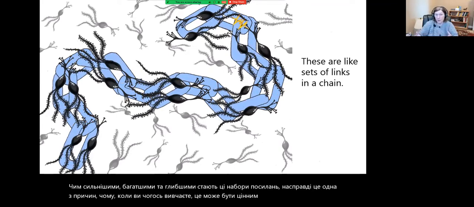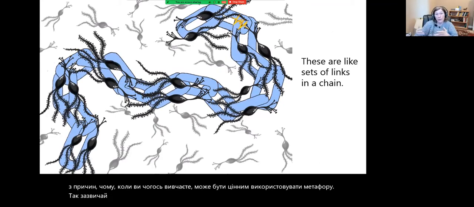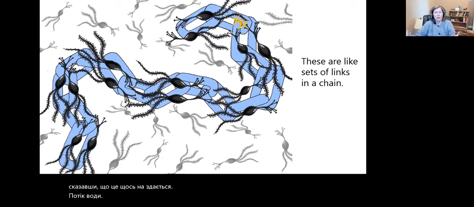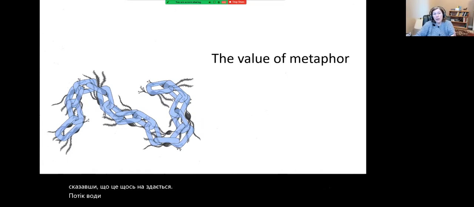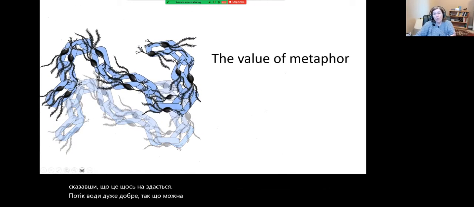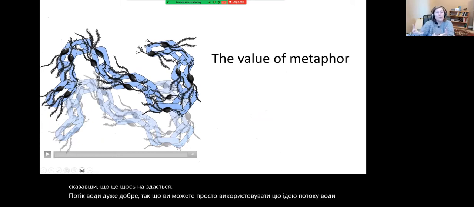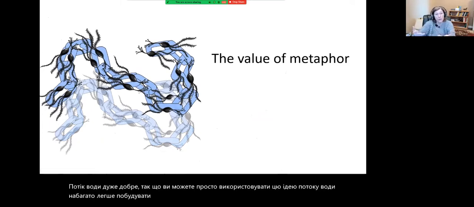Typically, professors might introduce the idea of the flow of electricity by saying that it is something like the flow of water. You know the flow of water very well, so you can use that idea to much more easily build the new concept involving the flow of electrical current.